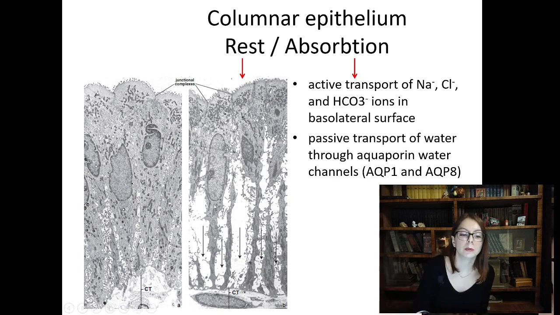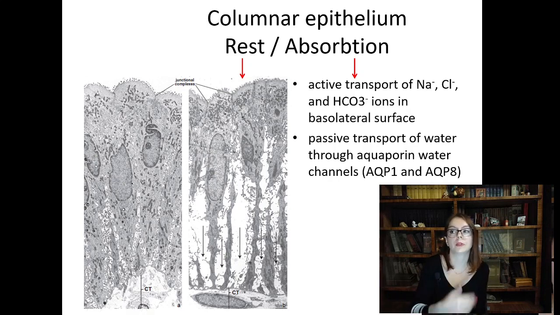In this way, the spaces between the cells are filled with a hypertonic solution. Hypertonic because of lots of sodium and chloride, and if a hypertonic solution is here, then water passively follows sodium and chloride. Then water is taken out of cells by simple diffusion or osmosis through special channels.